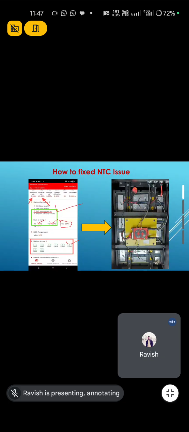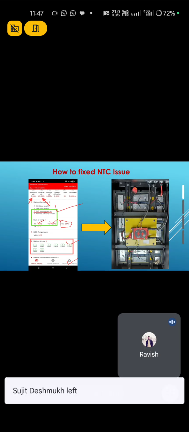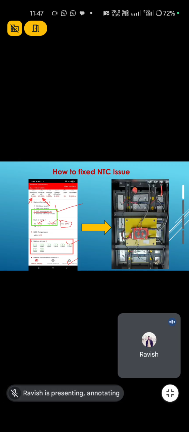You need to reset your BMS. Go to the parameter setting and restart your BMS, and then check the D1. For NTC T1 and T2, you have to check the NTCA port, reconnect it, or interchange it. NTCA and NTCB are the same port.